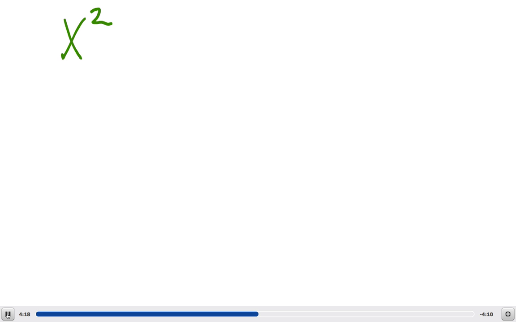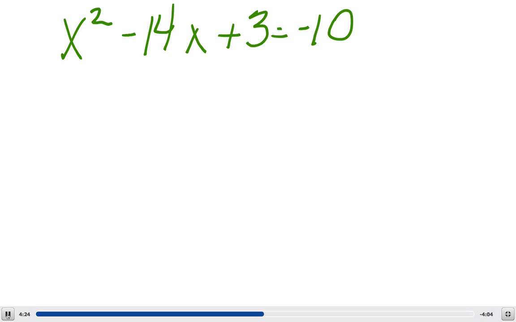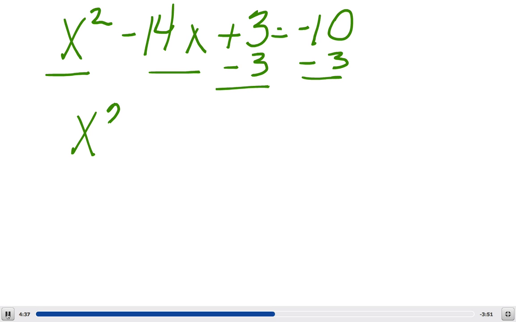So let's take a look at how this works. We've got x squared minus 14x plus 3 is equal to negative 10. Well, I can easily isolate just my x squared and my ax by subtracting 3 from each side, which is going to give me x squared minus 14x is equal to negative 13.